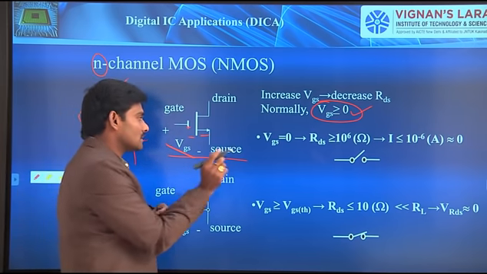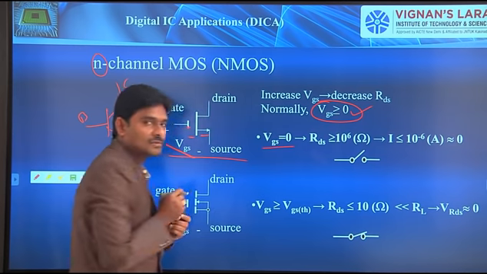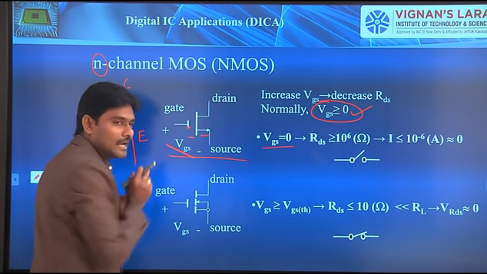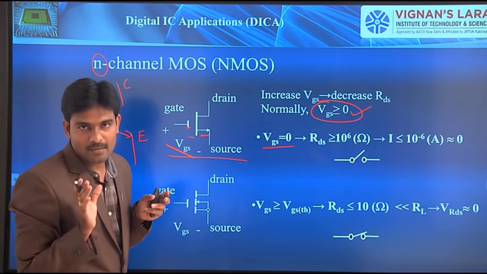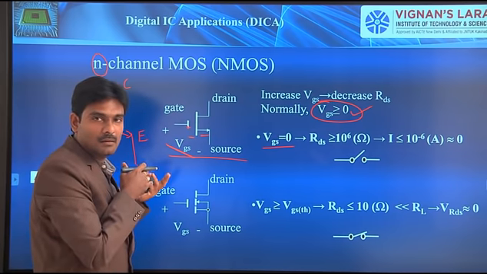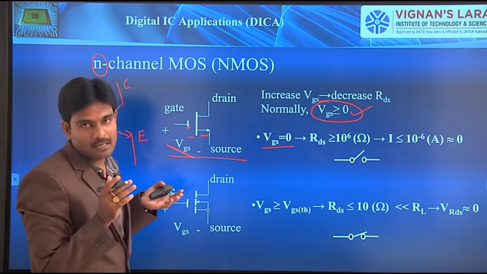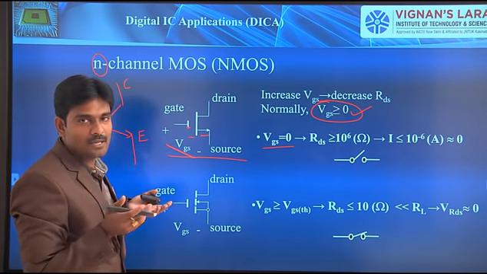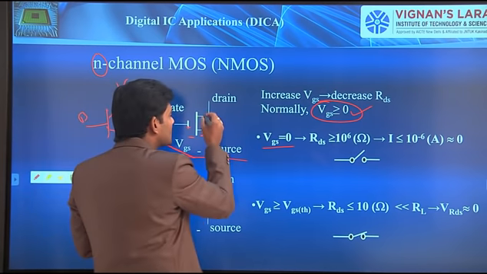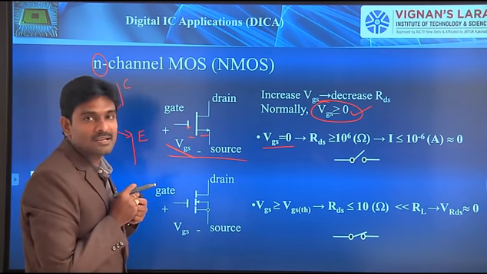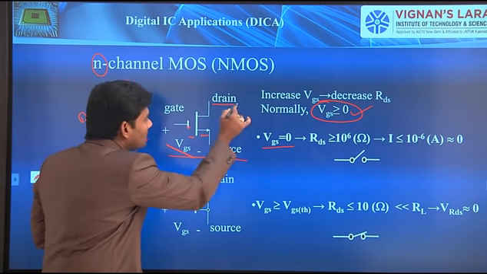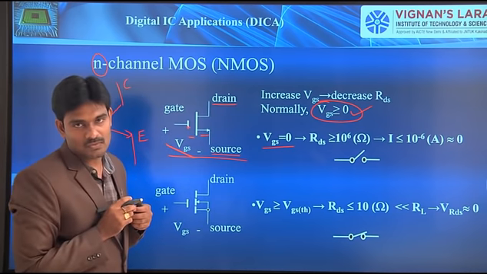Okay, so first, if I consider VGS equals 0, that means I didn't apply any gate voltage. At Vin, like what was shown in the previous diagram, if I didn't apply any gate voltage, then obviously a large resistance is present between drain and source.